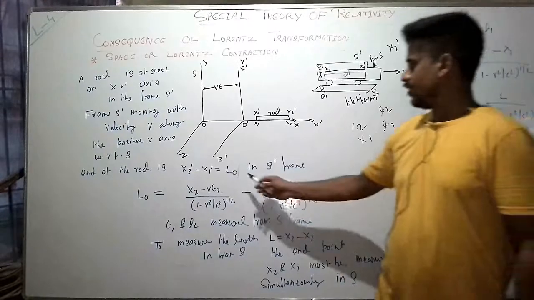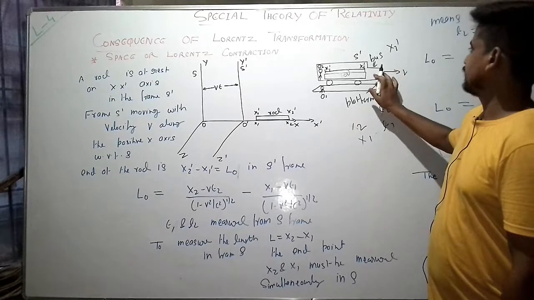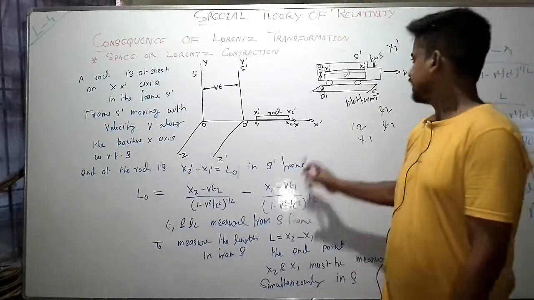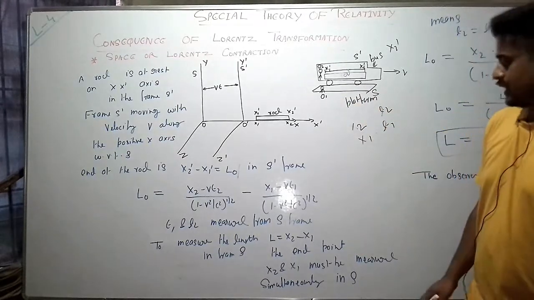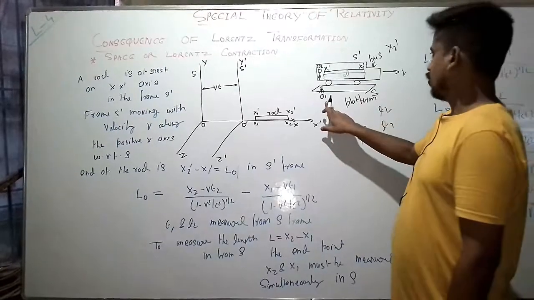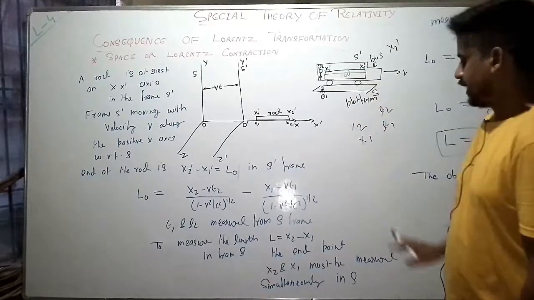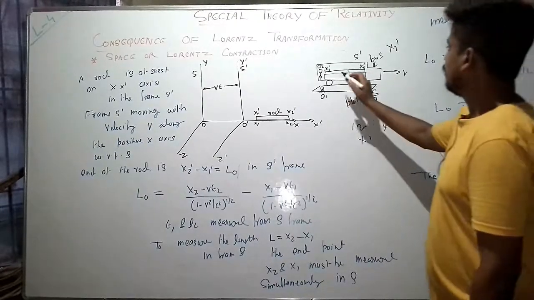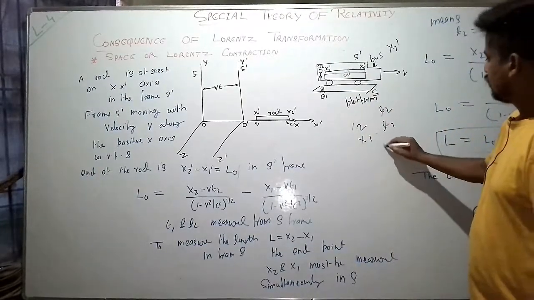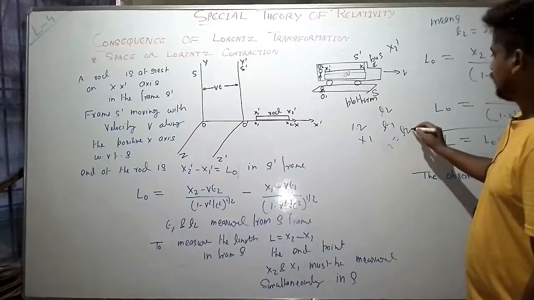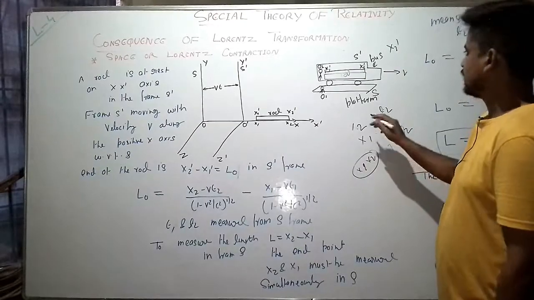Now L naught is the length of the rod with respect to the moving frame S dash, and L is the length of the rod as seen by the observer O1 on the platform. When observer O1 measures this moving rod, it has to measure the end points of the moving rod at the same time. It means t1 must be equal to t2, so that x1 and x2 are measured simultaneously.